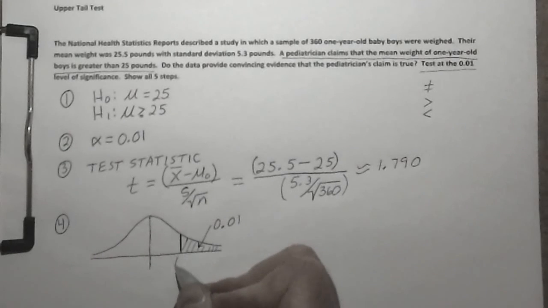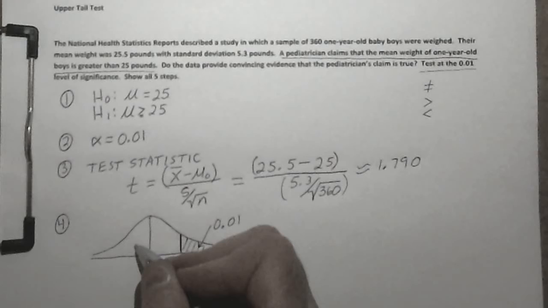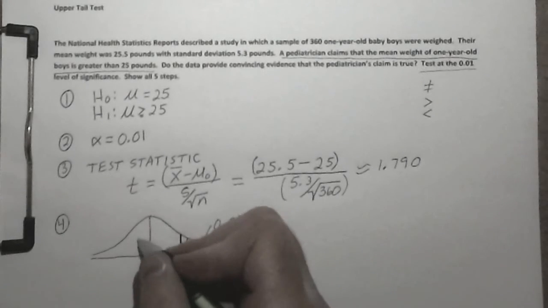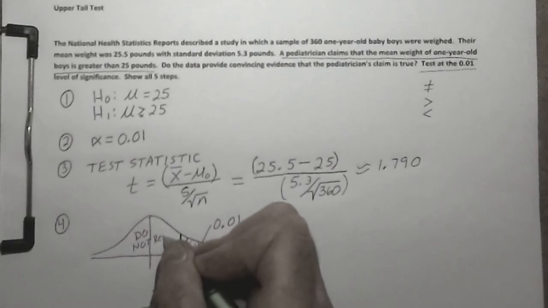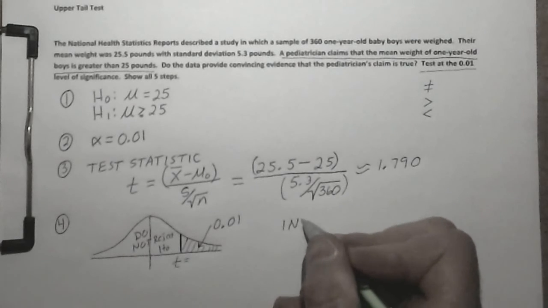Now to find the critical t value that separates the rejection region from the do not reject the null hypothesis region, we're going to have to use our inverse t function on our calculator.